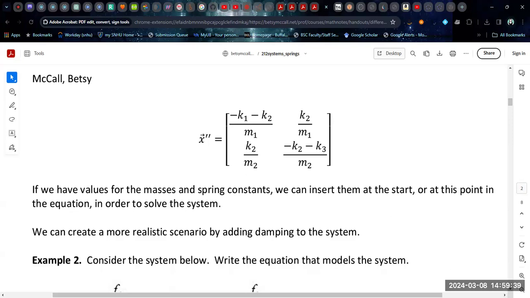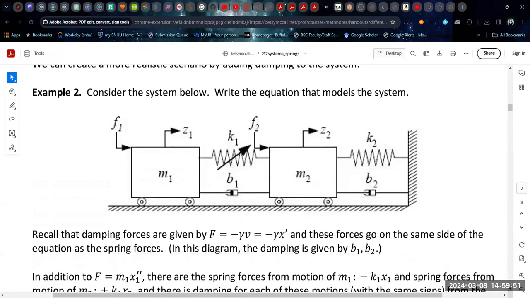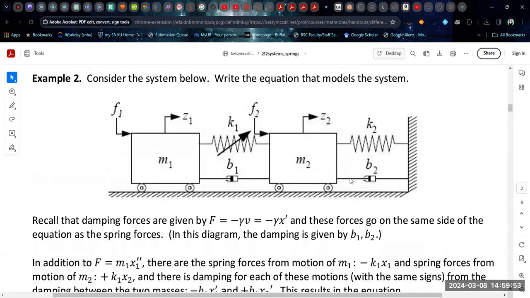Now, before I solve for this kind of situation, I need to address, okay, what happens if I have damping in the model? How does that work? So here is another example where I have some damping being applied.